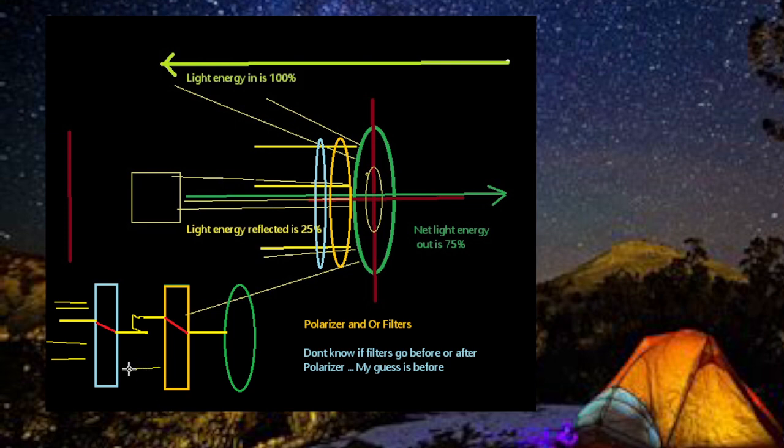The polarizers are reflecting light. You got the polarizer next to this thing here. So now you've got light, you got this thing here, and you've got this reflection. Reflections, and they're going both ways.